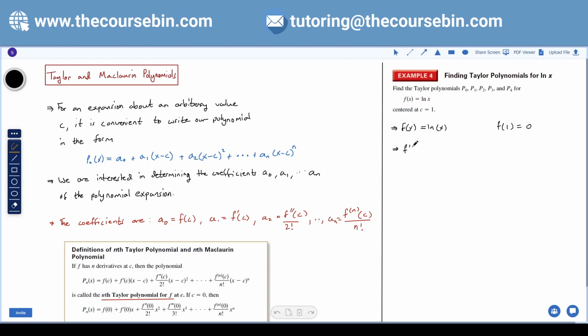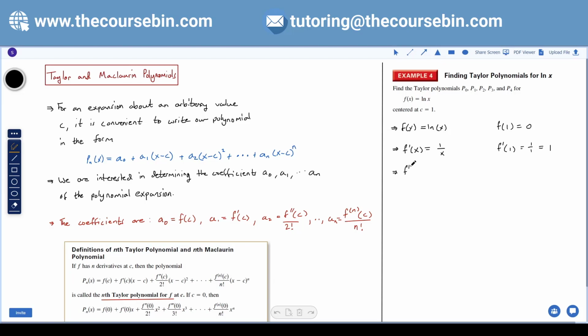Okay, so now we need the first derivative. Right? So natural log of x, its first derivative is just 1 over x, right? Now we can write f prime at 1, which is just 1 over 1, which is equal to 1.